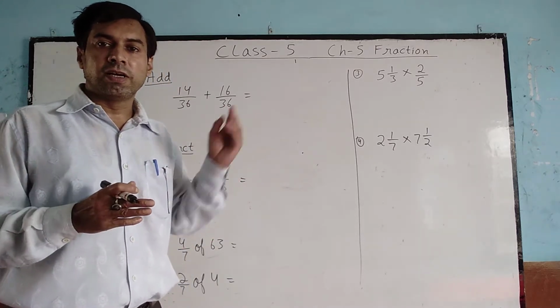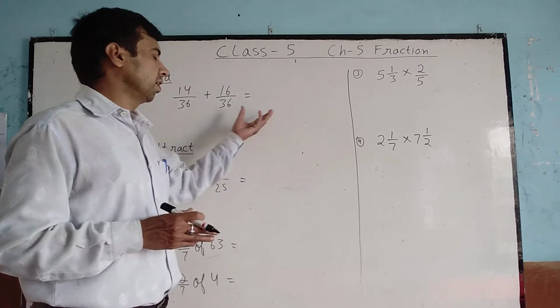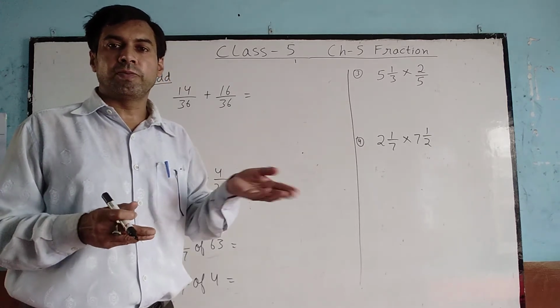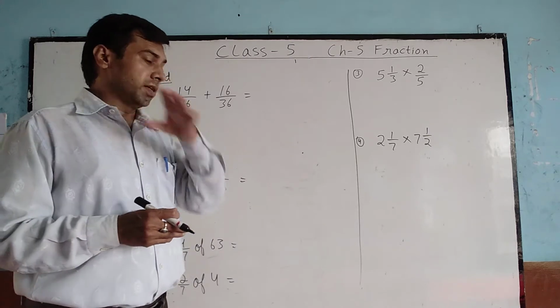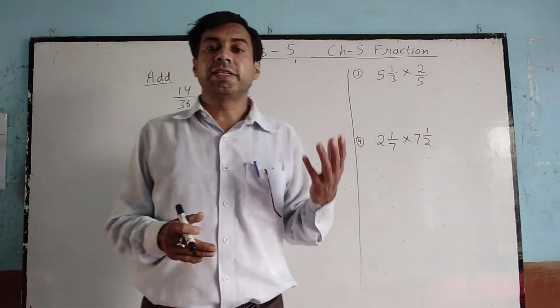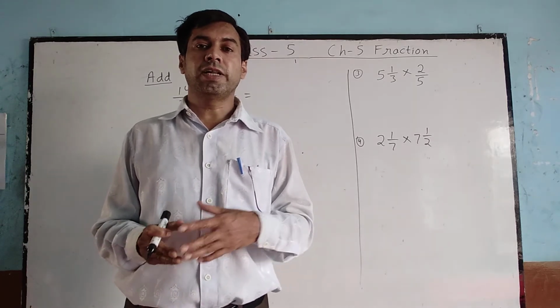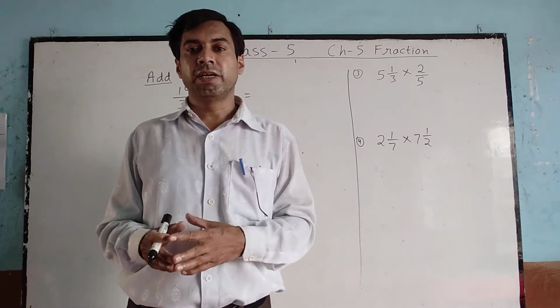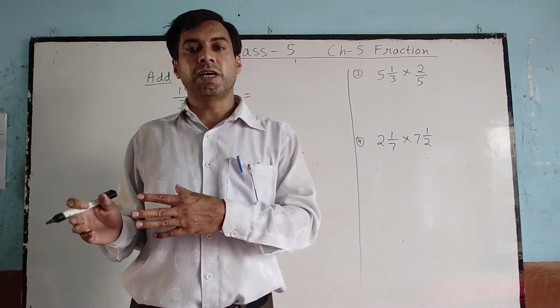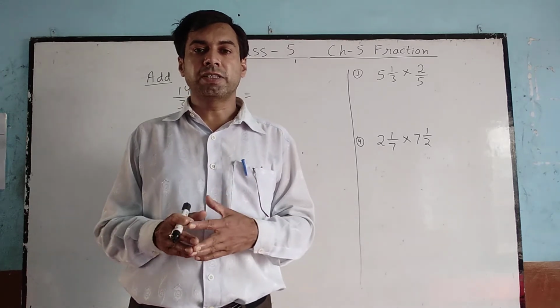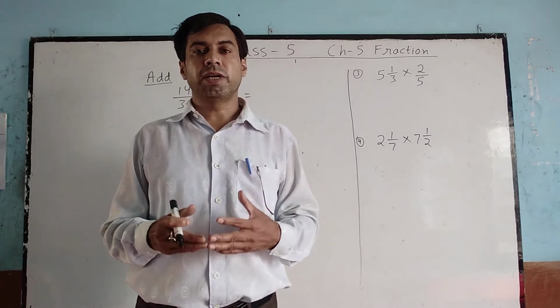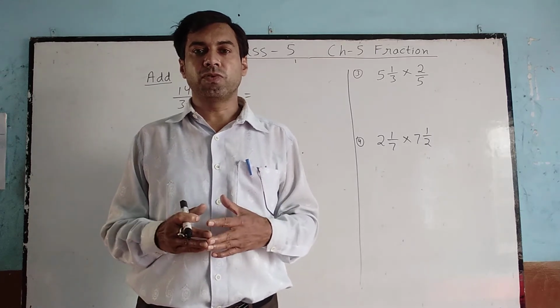Simply we add the numerators and write the one common denominator. But if the given fractions are unlike fractions, first we take out the LCM of the denominators and then convert the unlike fractions into like fractions, and then only we can add, subtract, whatever we have to do.